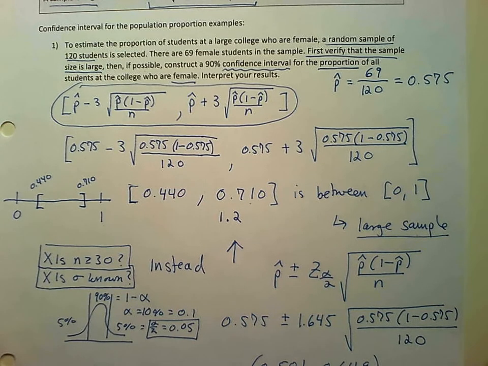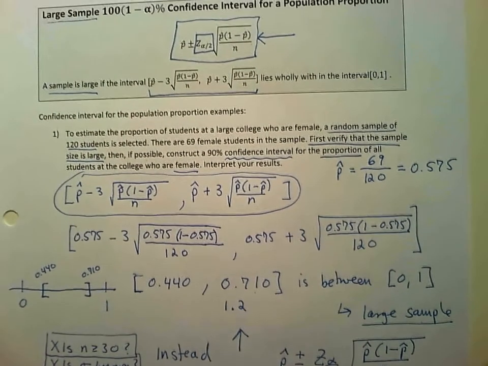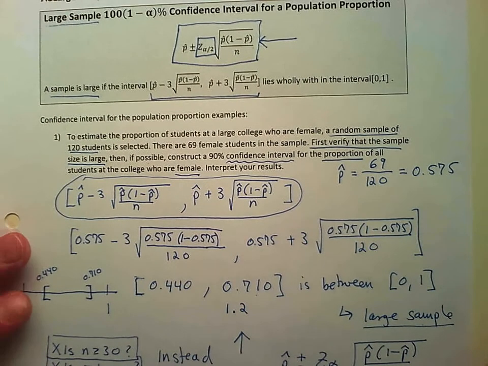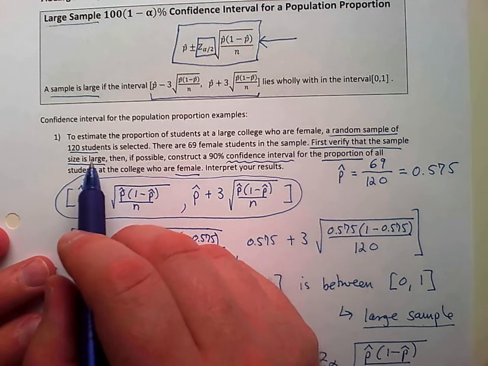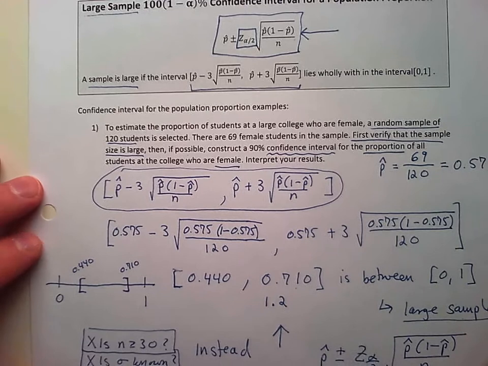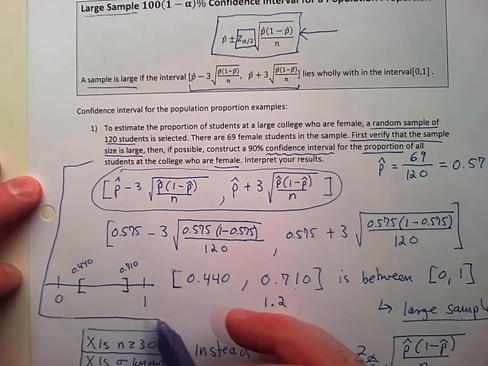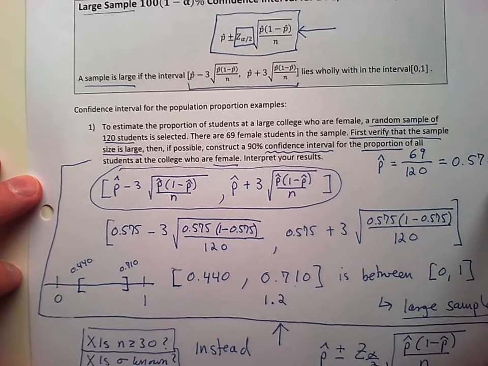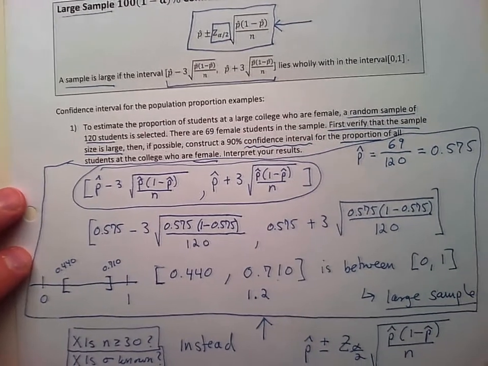Most questions that you're going to see that deal with confidence intervals for proportions are not going to ask you to first verify that the sample size is large. If it asks you to verify that the sample size is large, you have to do this top portion of the problem that we got done doing.